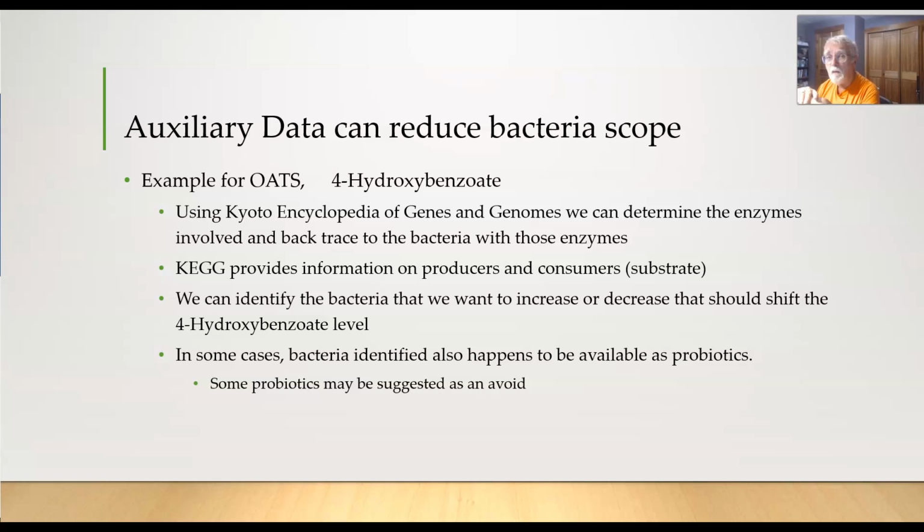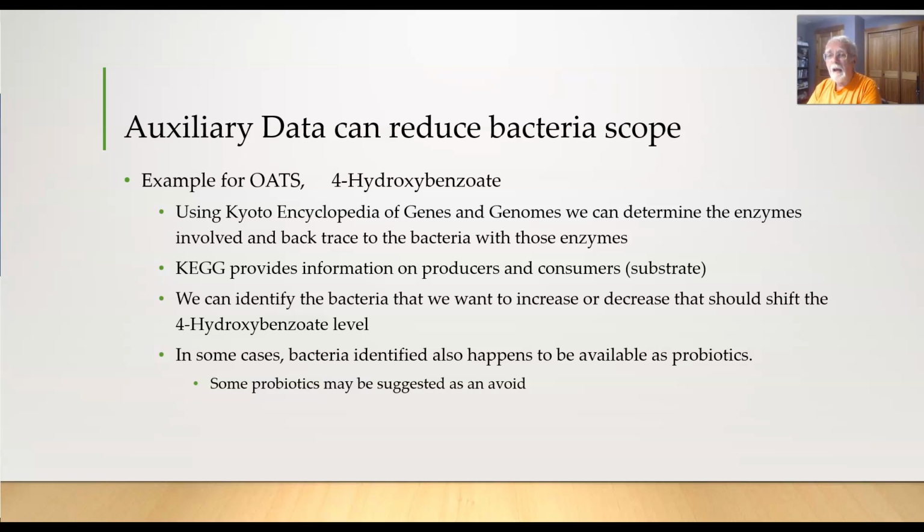In this case, some of the items may be, quote, in a normal range, but because we have low levels, we actually want to encourage those bacteria to be a little bit more prolific. And in some cases, we are lucky. The enzymes or the compounds we want happen to also be available as probiotics, and we use the KEGG data to find out what enzymes are being produced by those probiotics.